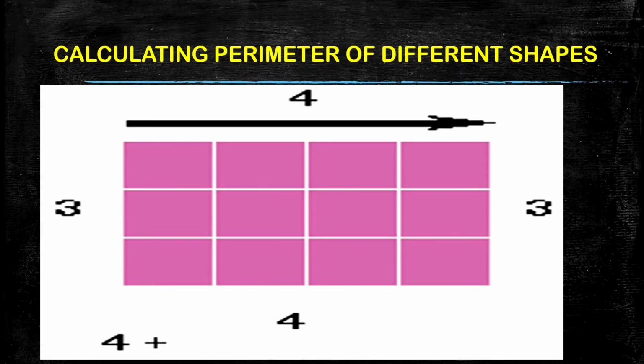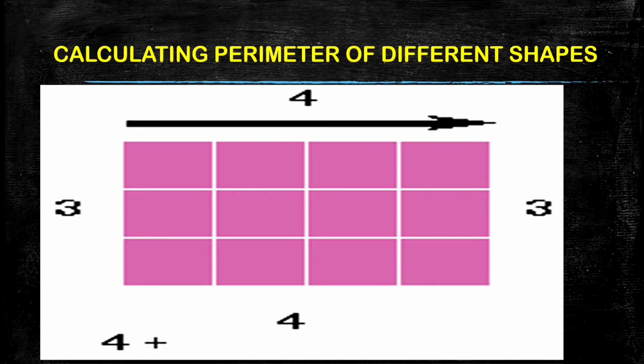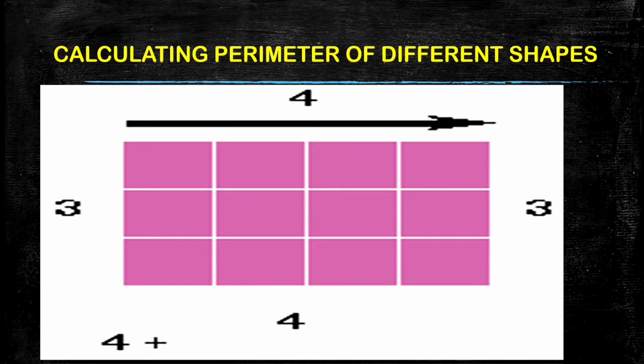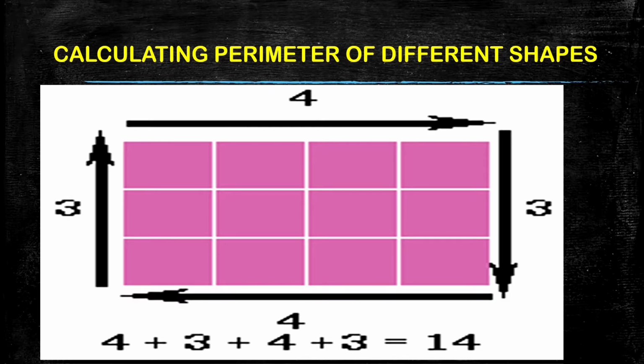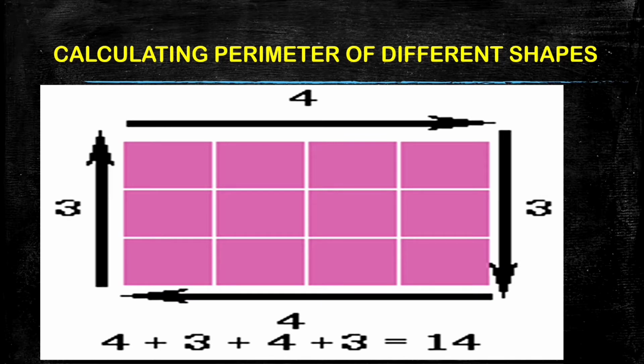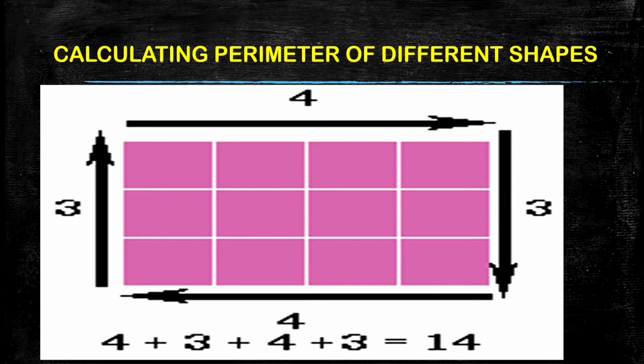Now in this figure, we see that it looks like a rectangle with the sides 4, 3, 4 and 3. When we add up all the sides, 4, 3, 4 and 3, we get the perimeter of this particular figure, which is nothing but 14.